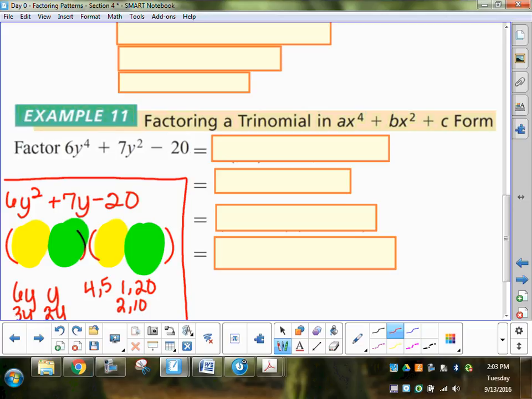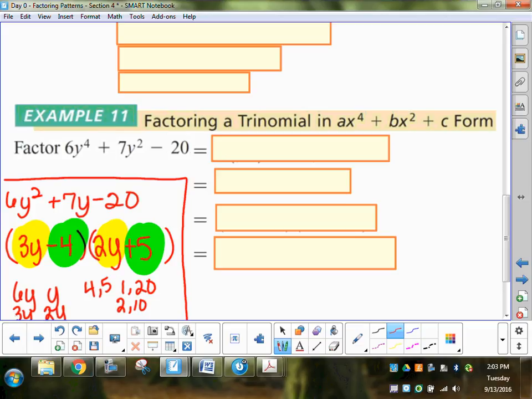Use 3 and 2. Remember, it can't be divisible. You can't be able to take a GCF out of the answer. Got 4 of us? What do you want to say? Let's see if that works. 3y minus 4, you said. What was the other one then? All right, let's check and see if that works.